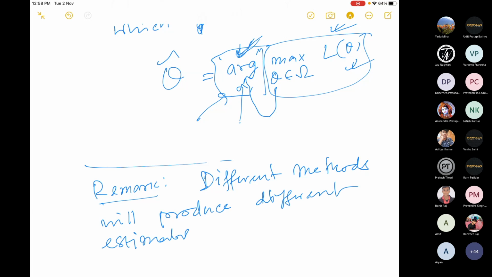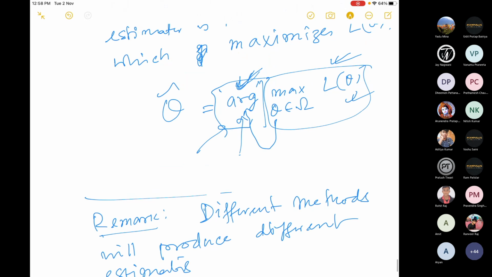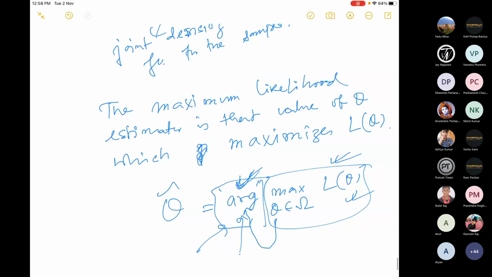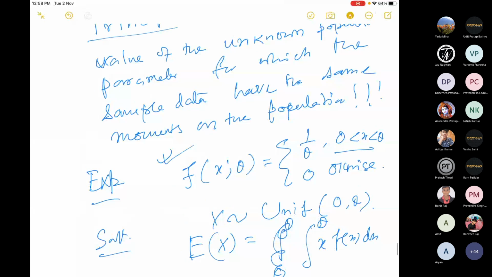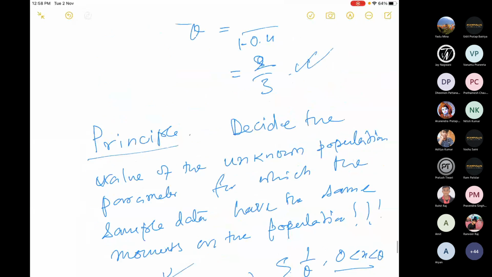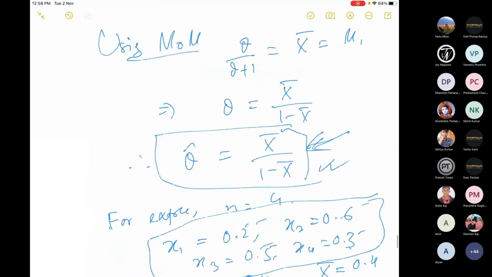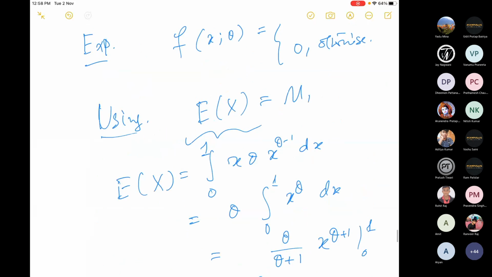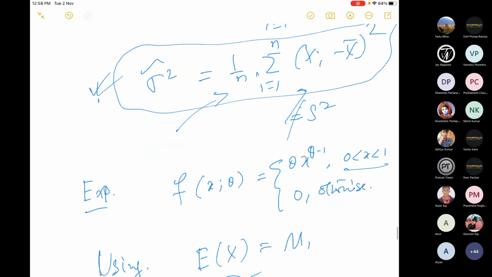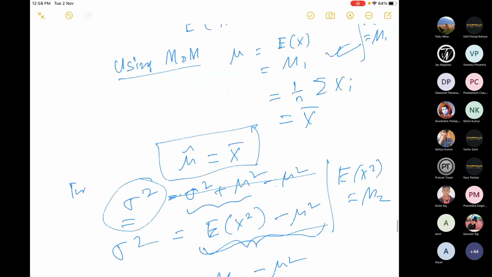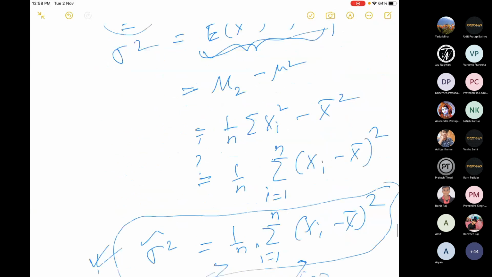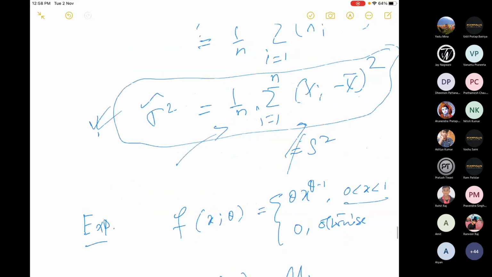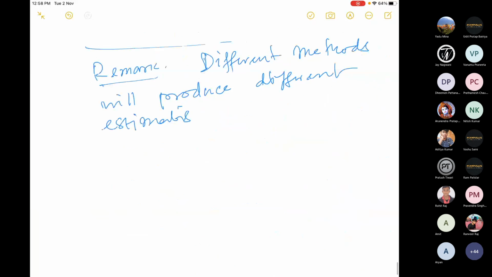It could be a good homework to find the estimator for theta for the uniform distribution using the maximum likelihood estimator. Or if you have the normal distribution and you want to estimate mu and sigma square using the maximum likelihood estimator, then what are those? Are they really x bar and this function or not? That could be a good question to begin.